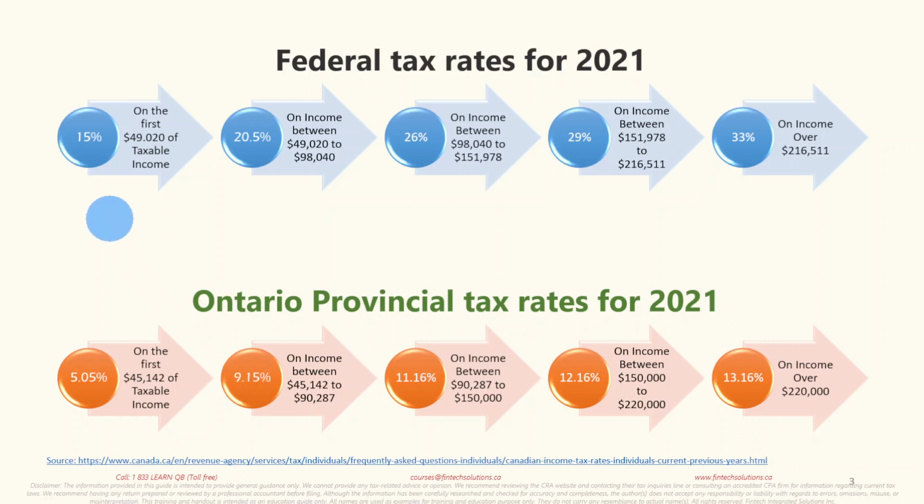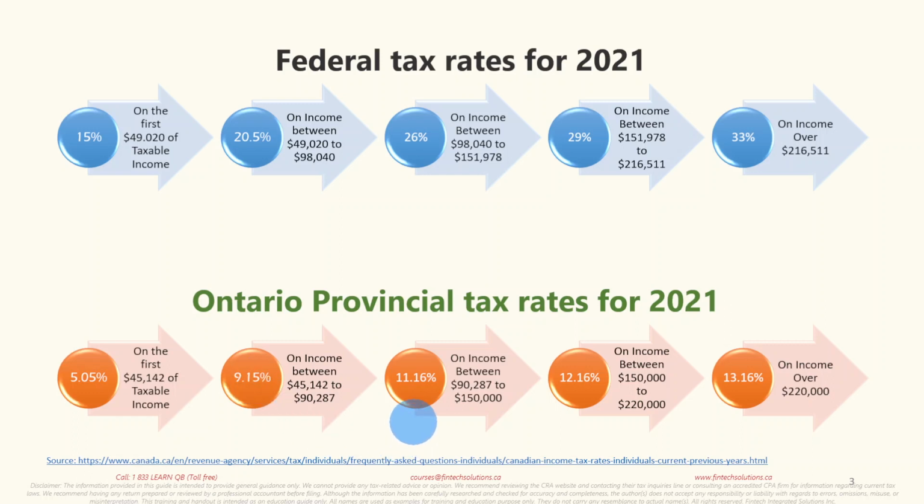But in the federal case, you will be covered right within 15% because you are in the first tax bracket, which goes up to 49,020, and you're earning 48,000. So that's how things can be a little bit complicated with the tax rates: 5.05%, and then comes 9.15%, which is the next tax bracket for Ontario provincial.